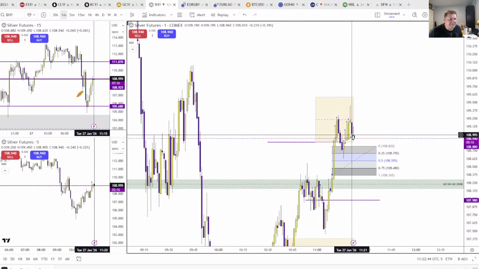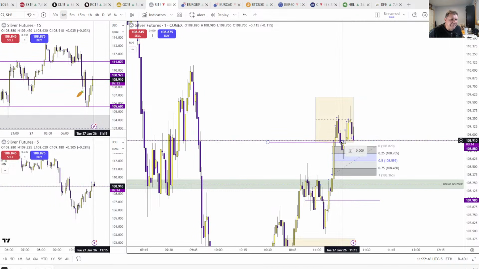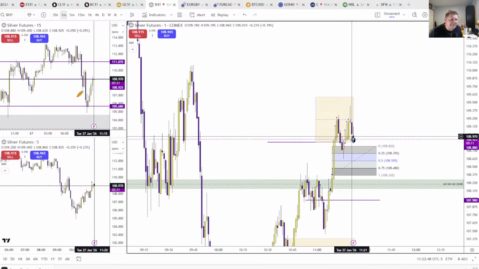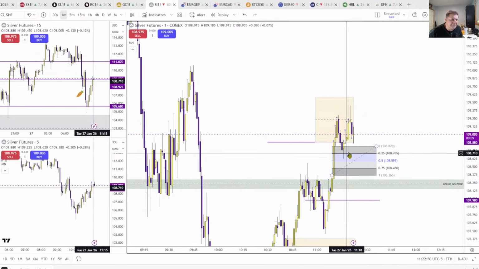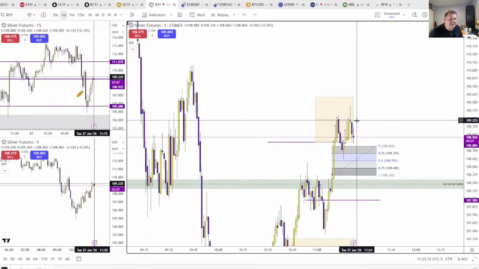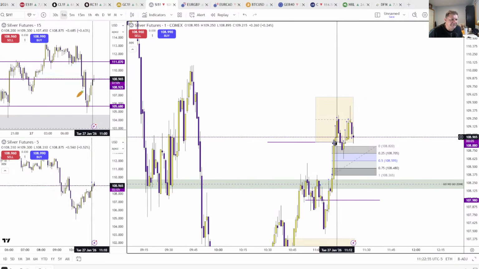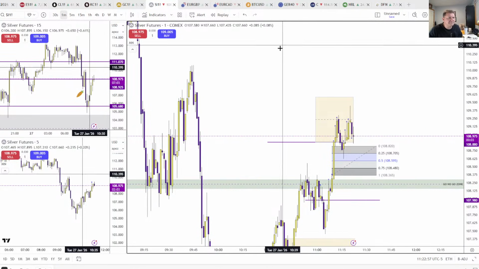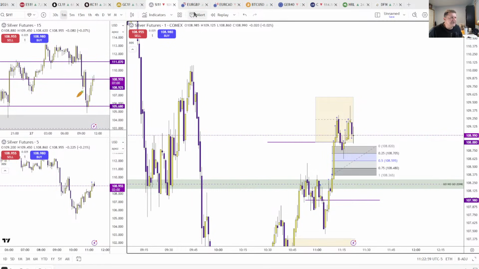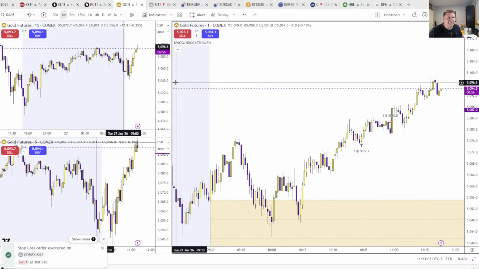That level closed below. So you're battling between here, and that one closed below there as well. So it tells me it wants to go lower unless we break back through there. So small range. Not interested. Wait for something bigger to happen there.